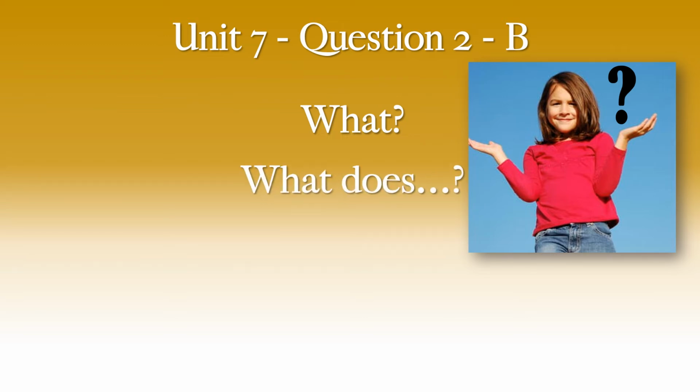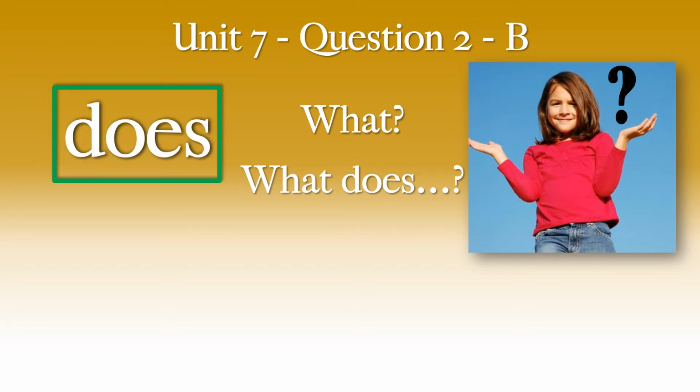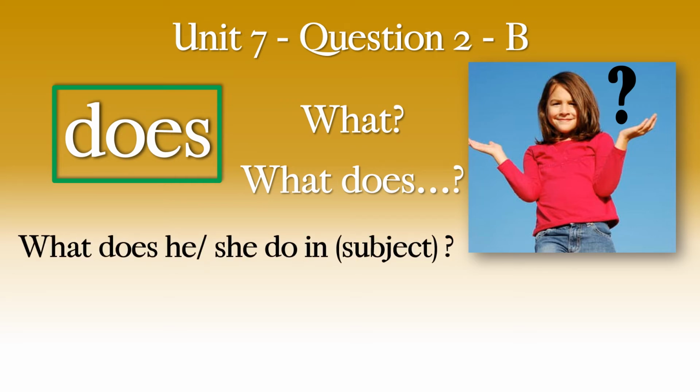What does? Uh-oh, now it is what does, not what do. Why? Why do we say does in this question? Yep, he or she. What does he do in, and then the subject? What does she do in, and then the subject?